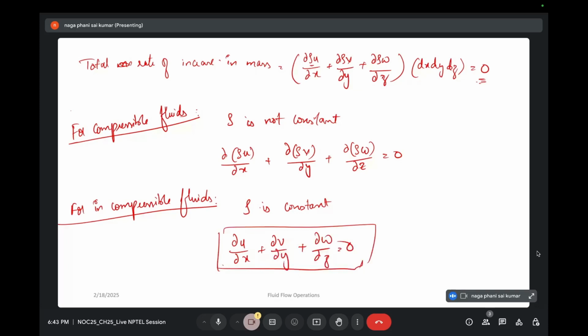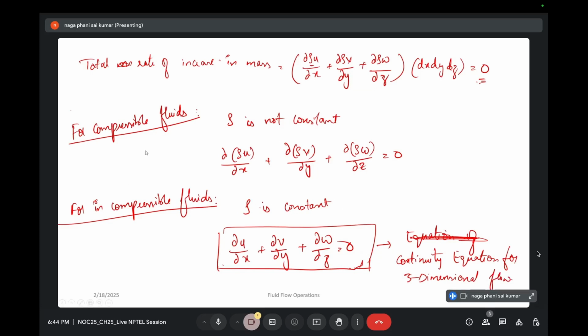You can call it the continuity equation for three-dimensional flow. Okay.